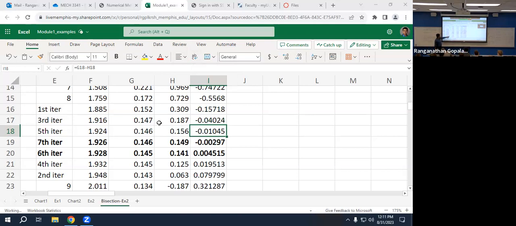First iteration, 885. Second iteration, 948. I try to add a row whichever is closer to that number. Third, fourth, fifth, sixth, seventh. So I stop between 926 and 923.